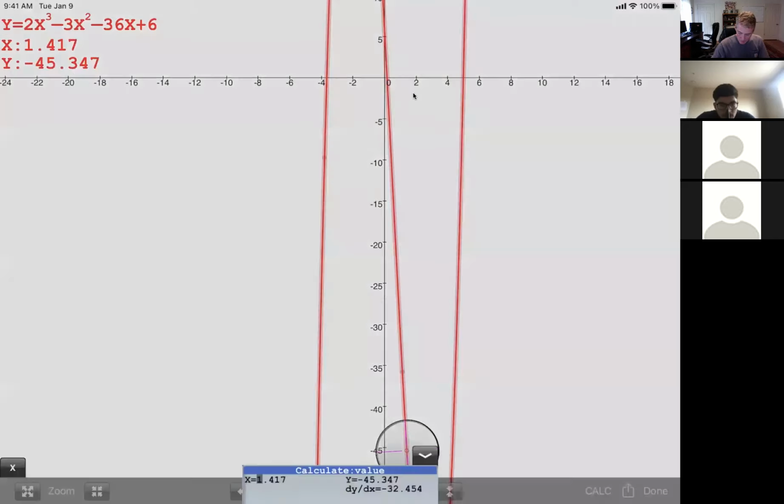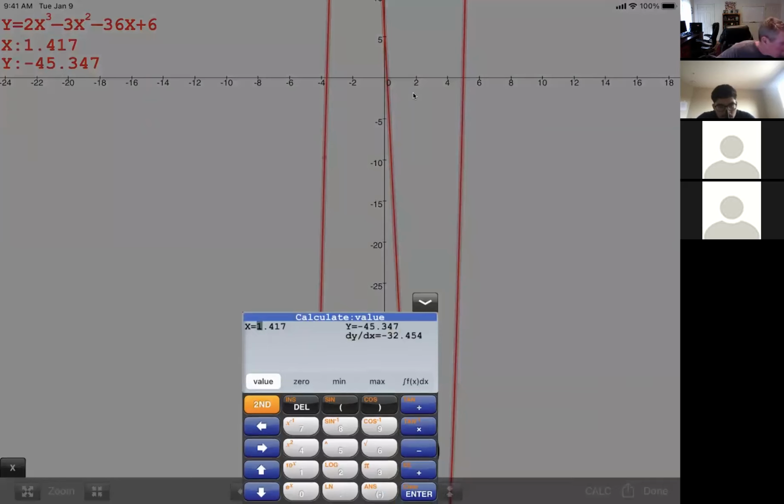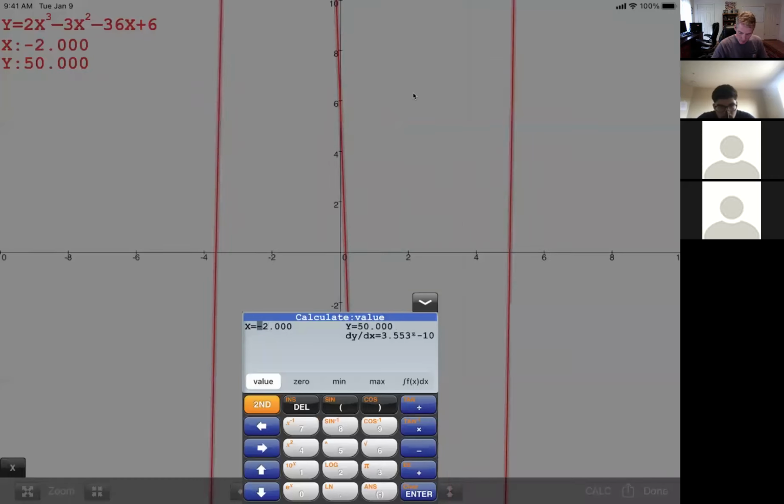Or what I could do is on the calculator, if you just go to trace and you plug in the number -2, it'll say the y value is 50. So I needed to go up to at least 50. And if you hit trace and you put a 3, it says the y value is -75.